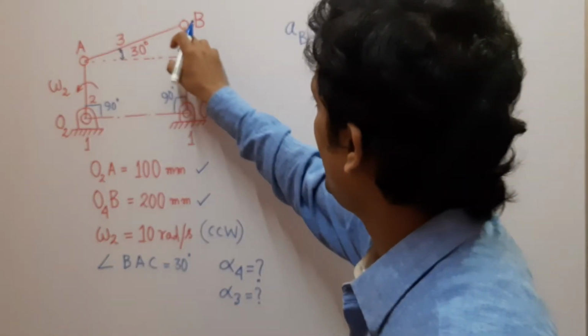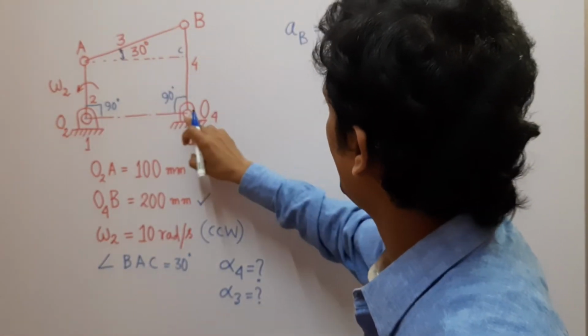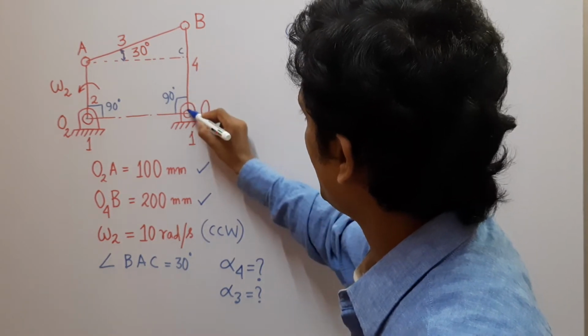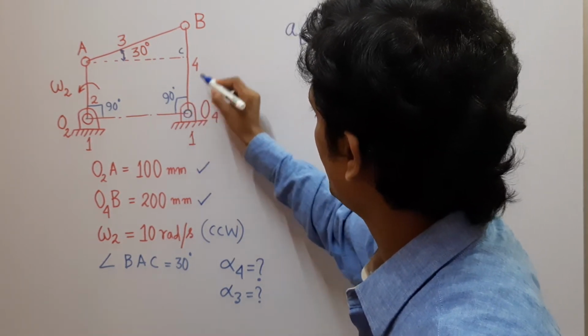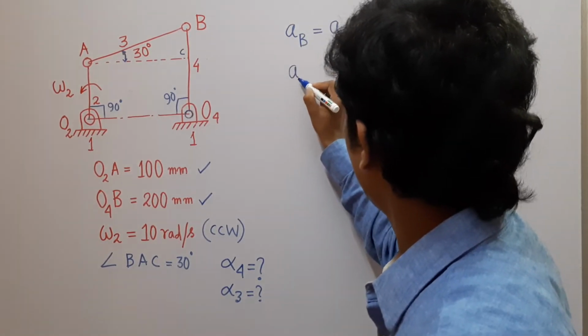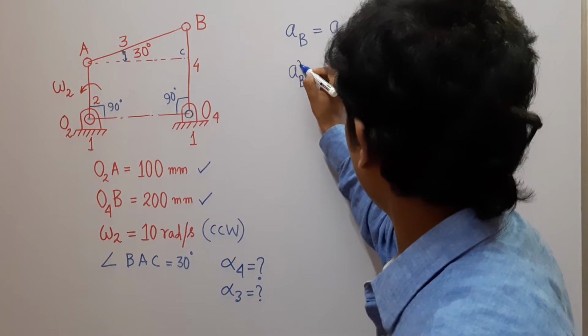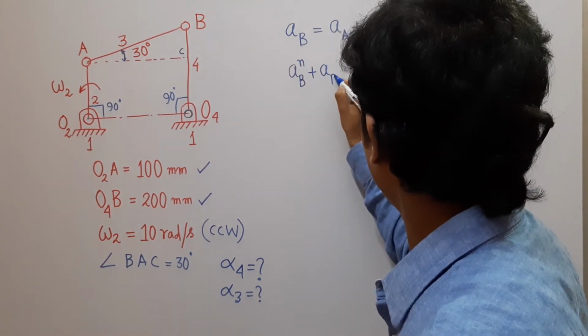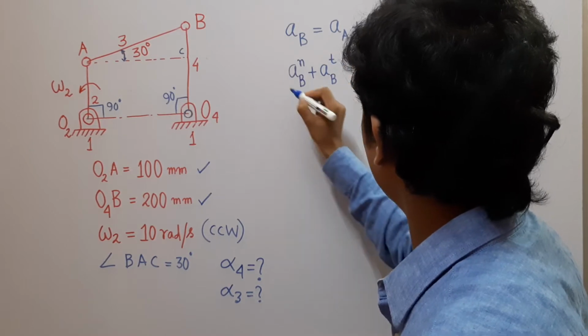Now B is rotating as B is on link number 4 and which is hinged at O4. So B has two components. What are those? AB normal component plus AB tangential component.